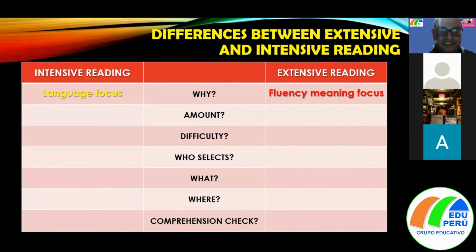No, that's the extensive. I'm talking about extensive reading. Yes, you're right. Students read all the books that they want, so they can choose. Exactly. They are reading for free, to be free, something like that.